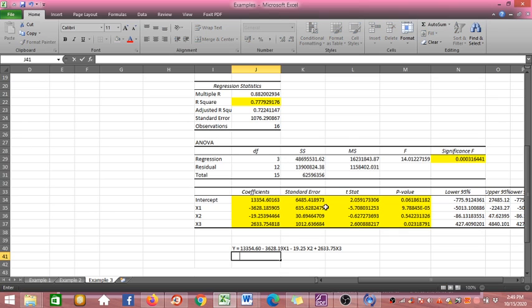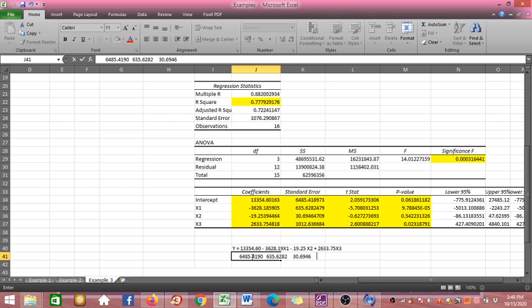Okay, next is to write the standard error. Tatapat lang natin sa bawat coefficient dito sa equation natin. So, for the intercept, the standard error is 6485.4190. And then for x1, 635.6282. And then for x2, 30.6946.